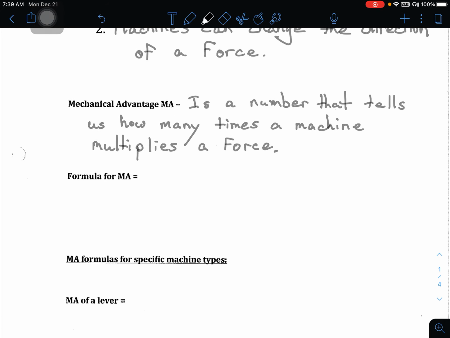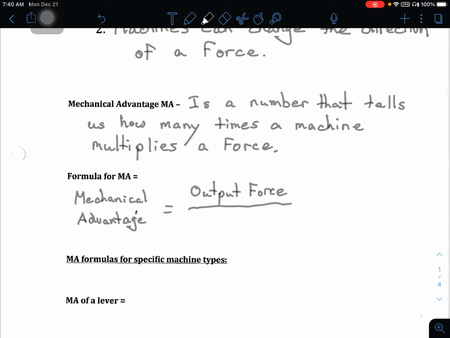It has a formula. Mechanical advantage, MA. Let me write it out here first. Mechanical advantage is equal to the output force of the machine divided by the input force of the machine.